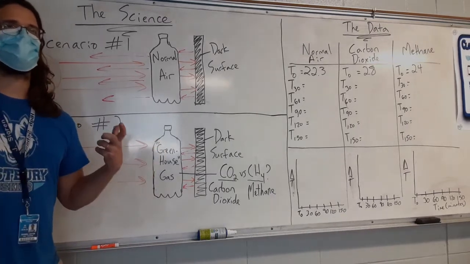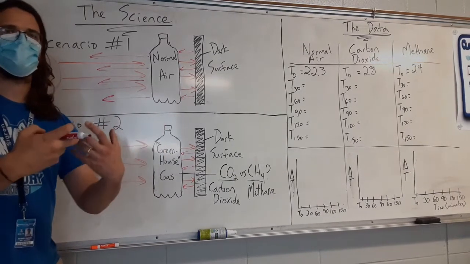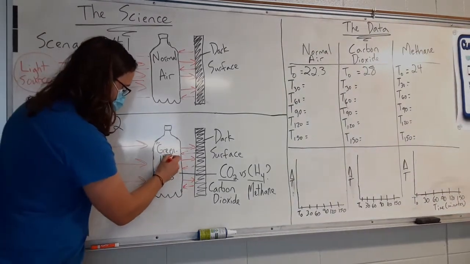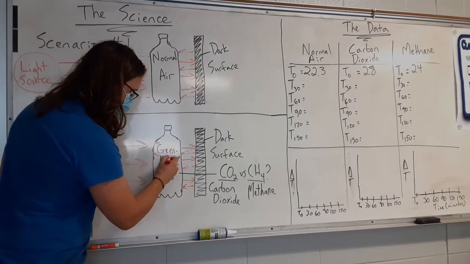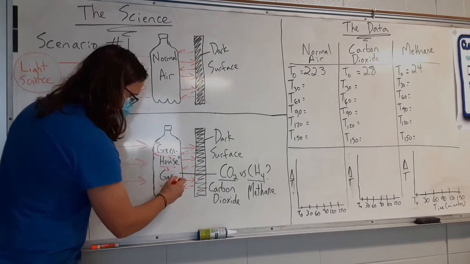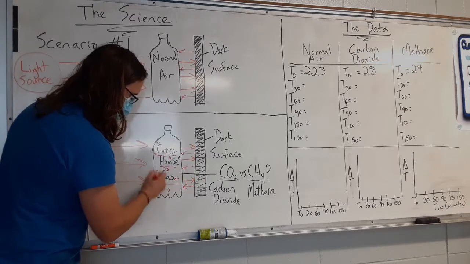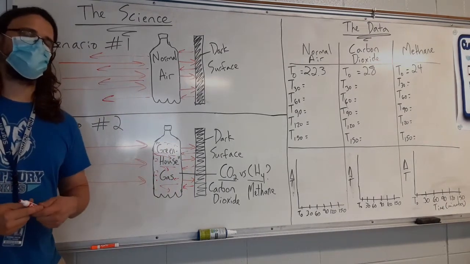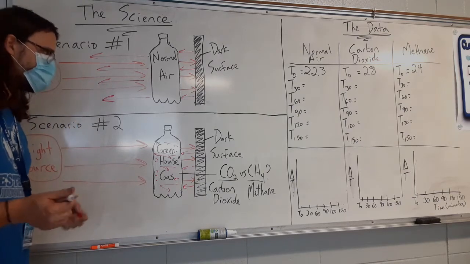When infrared radiation hits a greenhouse gas, it kind of holds onto it and actually will begin to heat up. And so what we expect is that this infrared radiation gets trapped as heat inside of our bottle with greenhouse gases.